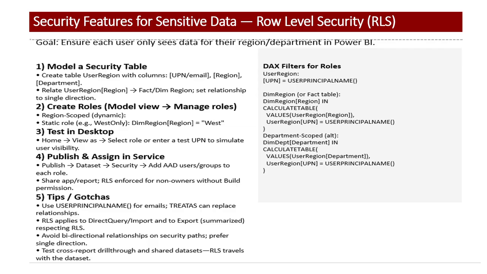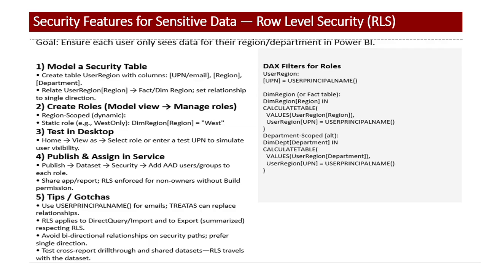In the home view, select the roles or entries and test the UPN to simulate a user visualization. Publish and assume in service. Publish the dataset and in services add user or group to roles. Share the app and record RLS for non-owners without build permission.